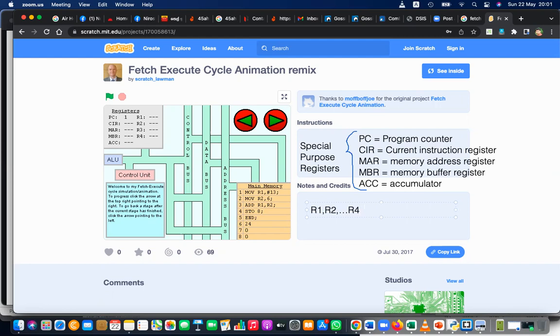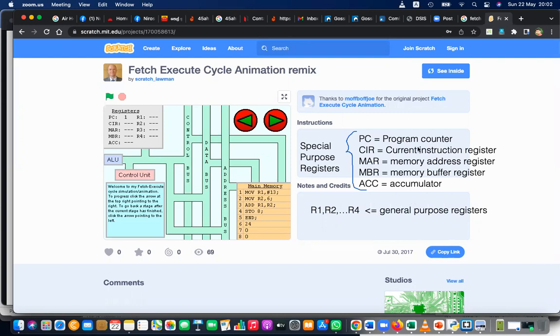These are general purpose registers. They generally store data, so we call them general purpose registers. Especially those with a specially assigned function are special purpose registers.